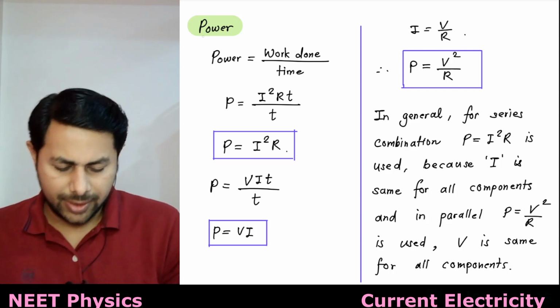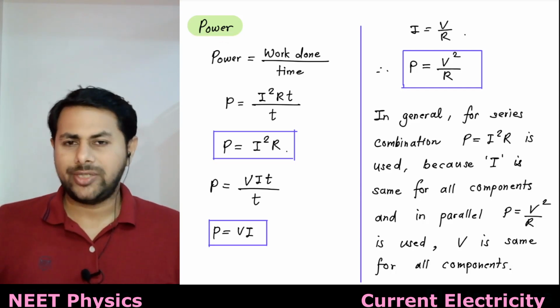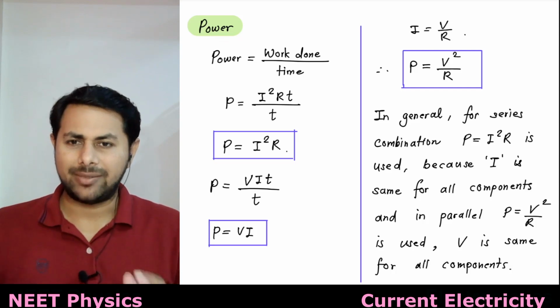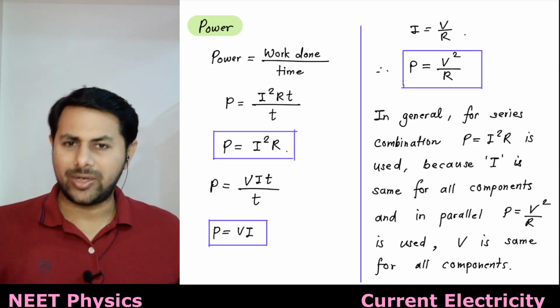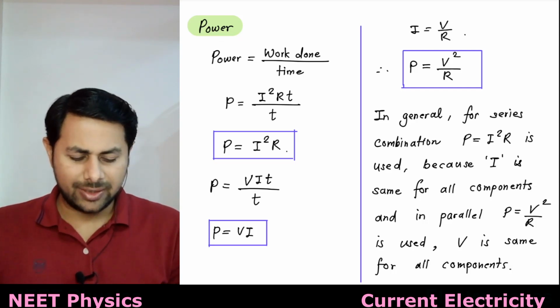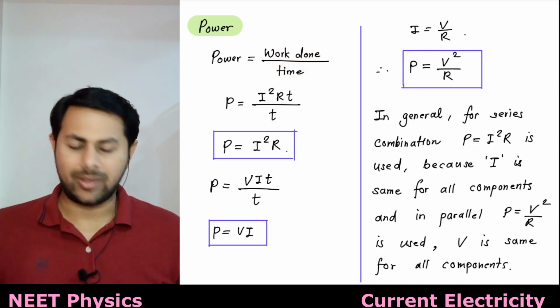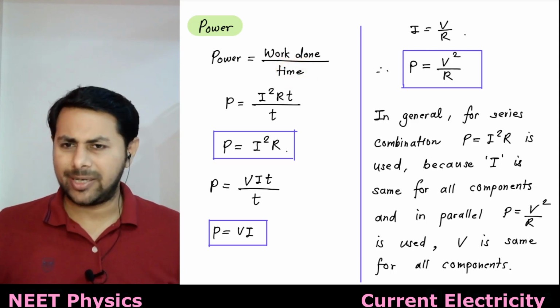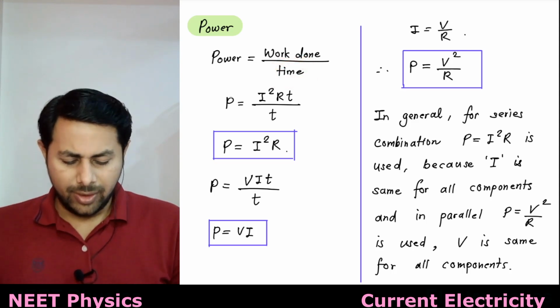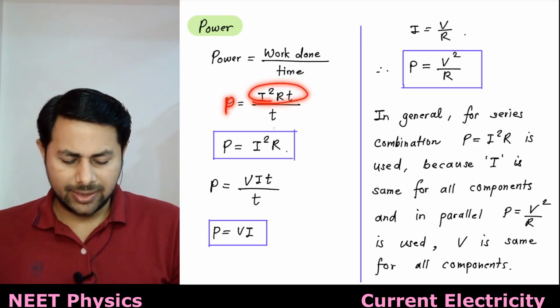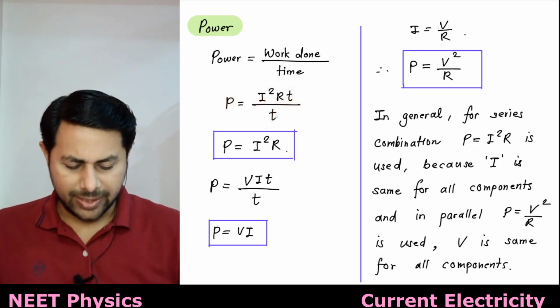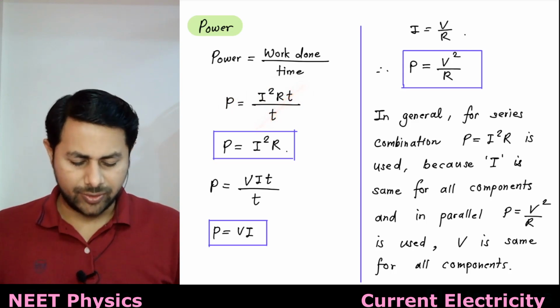Now we know what power is. The power delivered by the battery would be equal to the amount of work done by the battery divided by the time, right? Power is equal to work done divided by time. So P is equal to I square RT divided by T, and then you can cancel out this T with T. So what do we get?